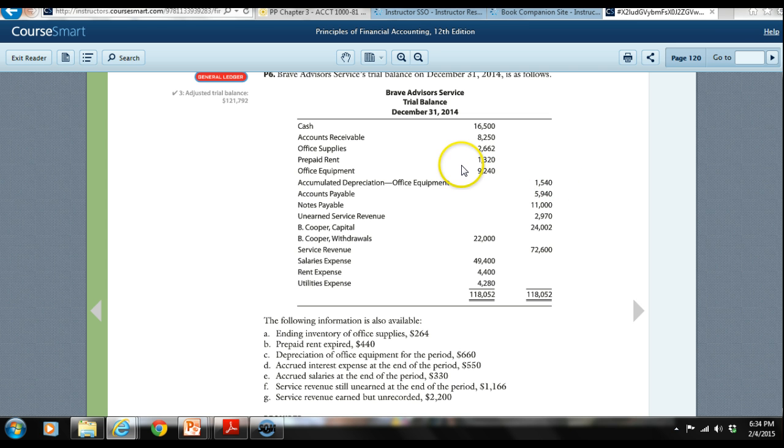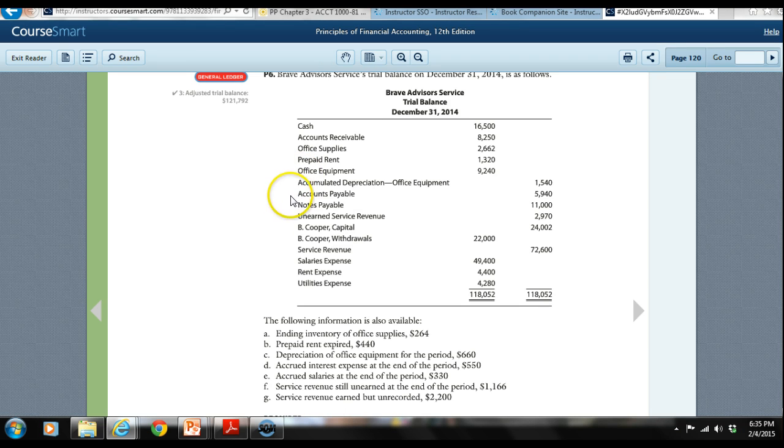So our real carrying or book value of that office equipment is really the $9,240 minus the $1,540, or $7,700, right?